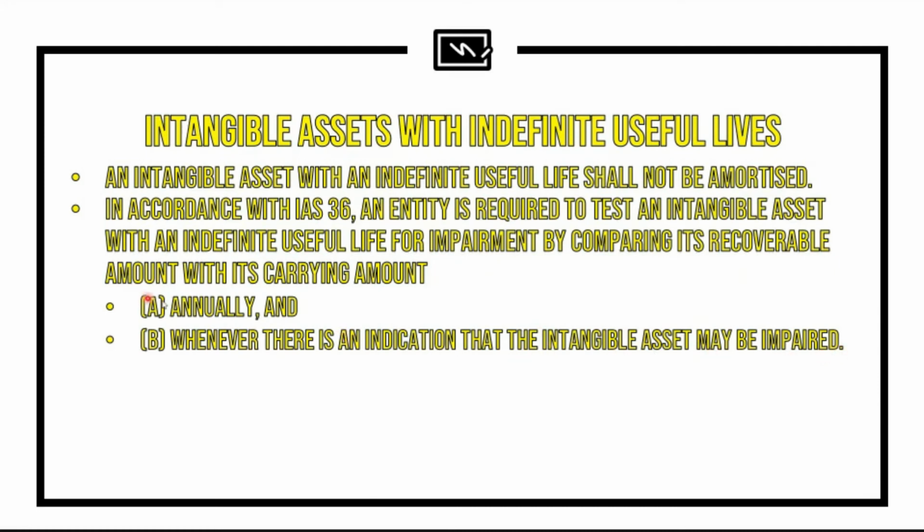So at a minimum, it should be done annually. But in addition to the annual requirement, every time there is an indication of impairment, even if we already made an initial assessment, we still need to test again every time there is an indication of impairment.